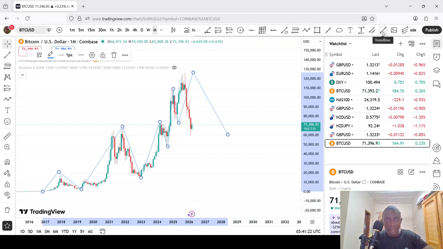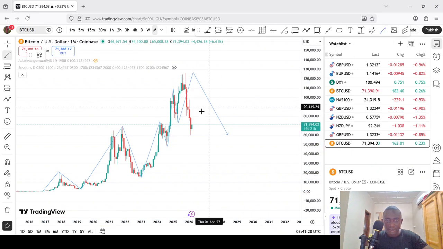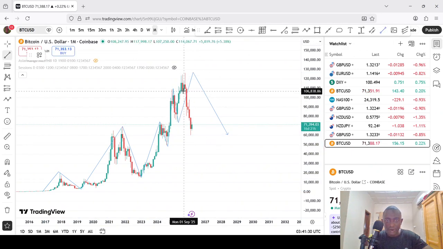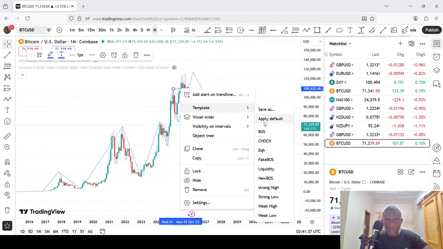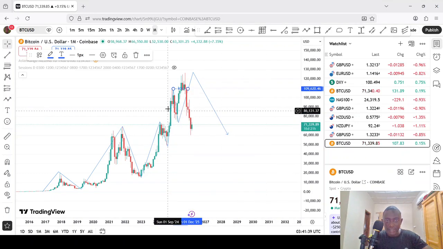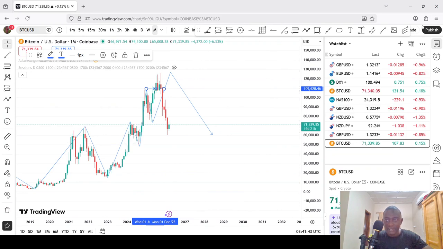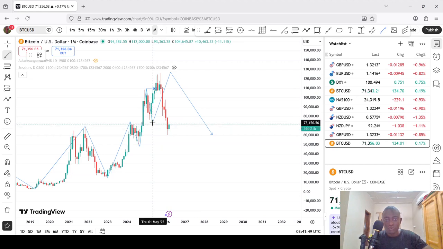From the previous video, whenever we have a break of structure, right from here, price broke around this zone. So you can just click here and label this part. This one was BOS. We had a break of structure around this zone from the monthly perspective.